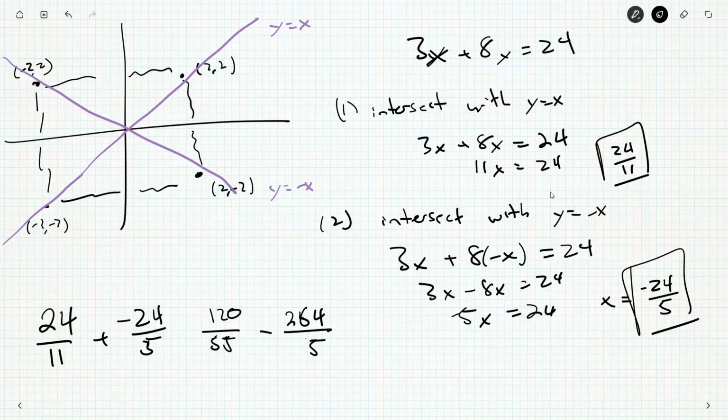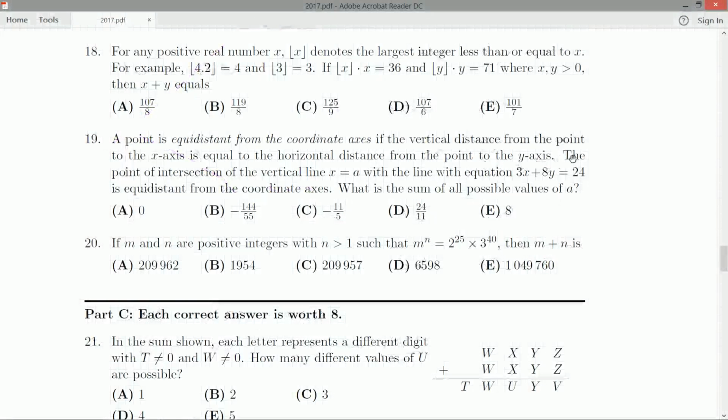And then take the difference, so the hundreds will cancel out, and 20, so it'll be negative 144 over 55, and that doesn't simplify anymore, but that is going to be our final answer, negative 144 over 55, and hopefully that is somewhere. It is, it's B, and that's going to be our answer.